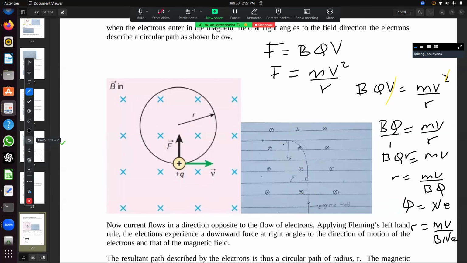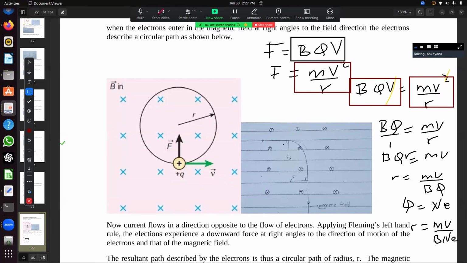there are two forces taking part here. There is the force due to the moving charges that we've just derived, and also the centripetal force. So the two forces are equal to each other. This one and this one, and then when you cancel V and V and make R the subject, you come up with something like that.